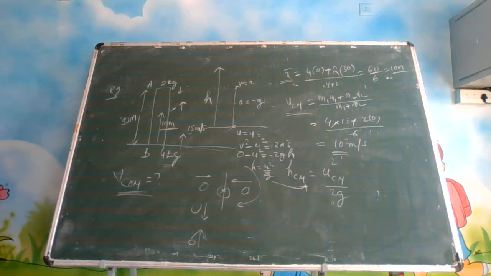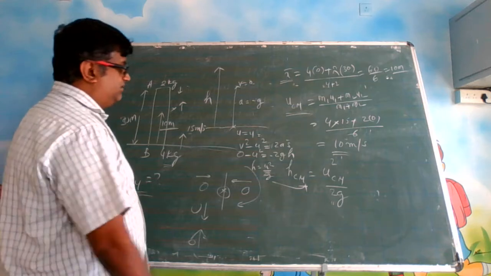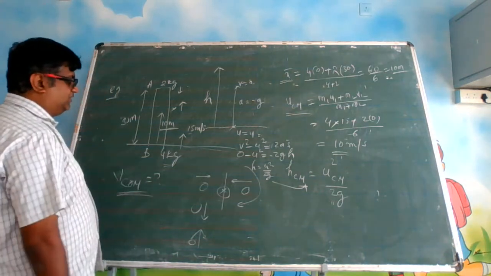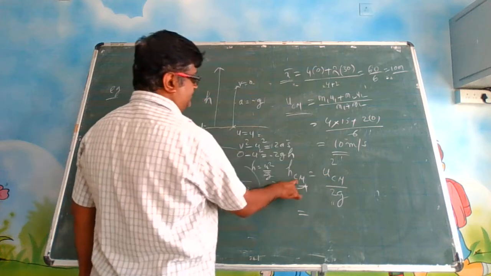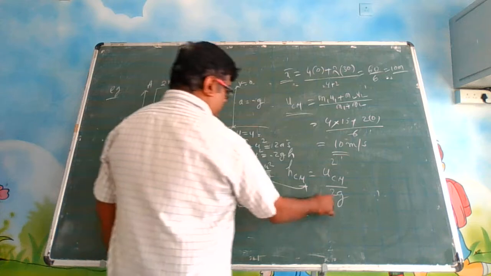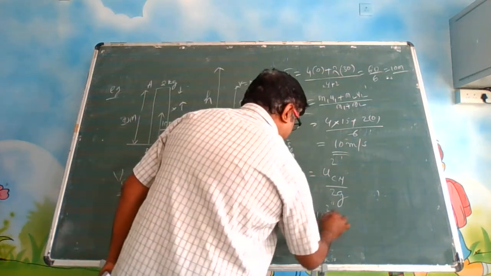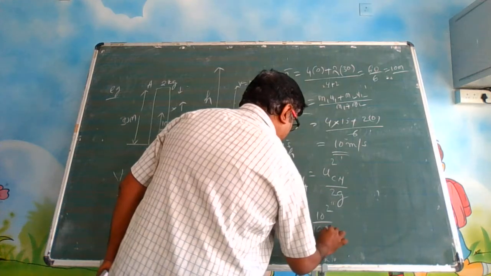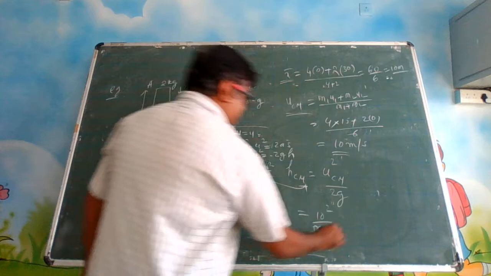Suppose in the same question they ask you what is the maximum height attained by the center of mass, we have to write h of cm is equal to u square cm, where cm means center of mass, divided by 2g. So what is the speed we have calculated? It is 10. So it is 10 square by 2 into 10. 100 by 20, it is 5 meter.